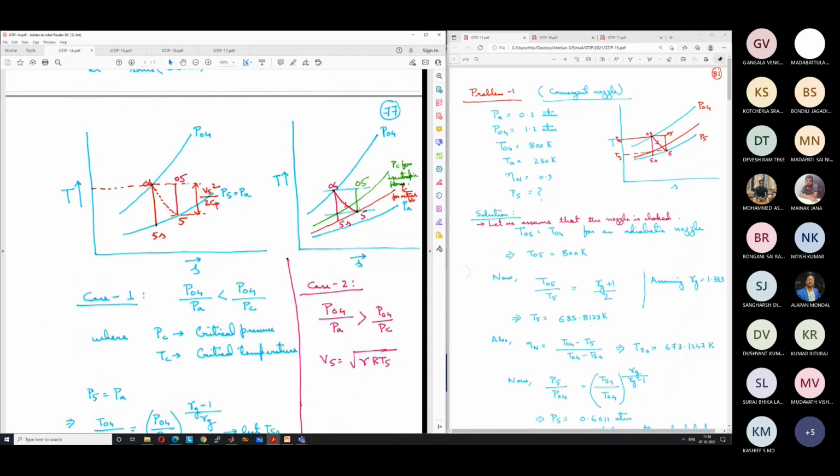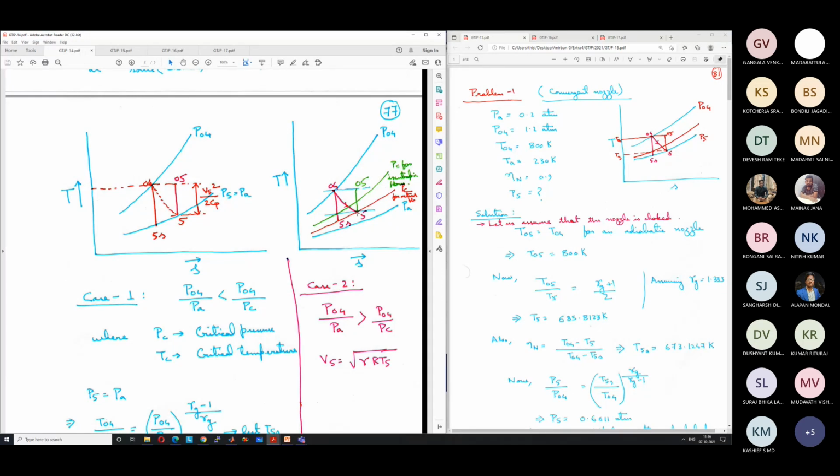Okay, so this critical pressure is reached when the velocity, or in another way, when you keep on decreasing the pressure, when a certain pressure is reached, when the velocity becomes equal to the sonic velocity at the exit, that pressure is known as critical pressure. Okay, so this critical pressure is defined by the red line, which is given as PC. So this is the actual critical pressure.